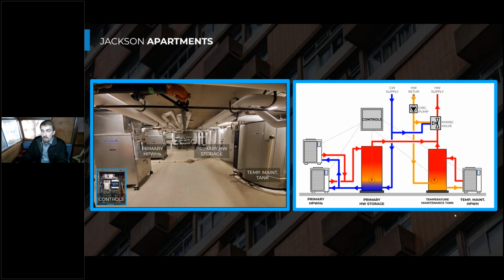Yeah, so oftentimes in a swing tank, since that auxiliary heater doesn't need to be used as much, that's when we'll see an electric resistance heater or just a simple electric resistance element in this tank, because it's not using a ton of energy. First off, it's just the recirc load, or the temperature maintenance load, as we call it. And it doesn't even need to satisfy the temperature maintenance load when there's usage and it's being heated by this primary storage.